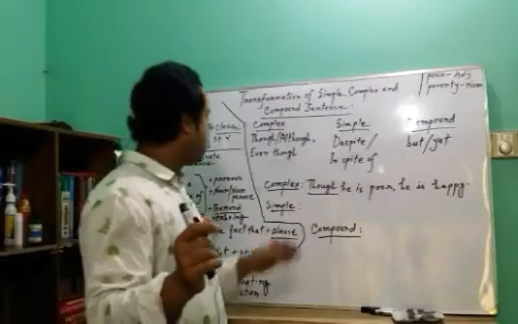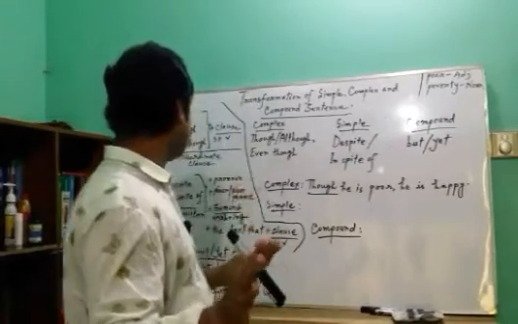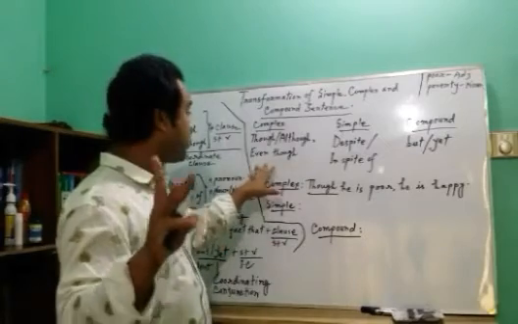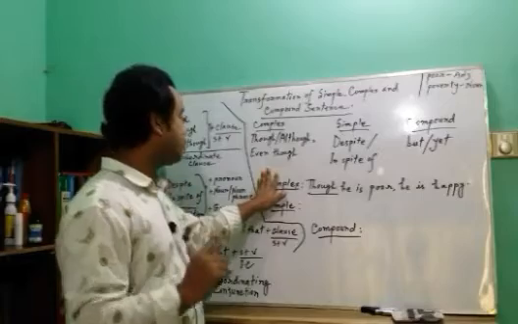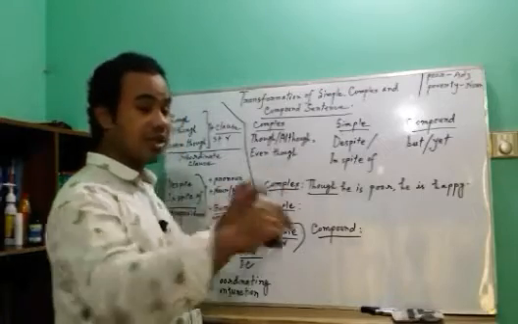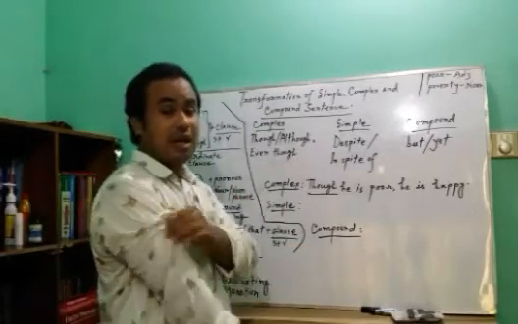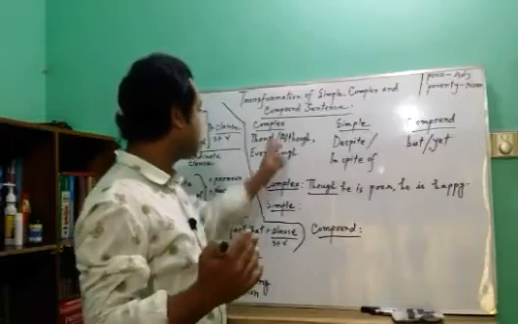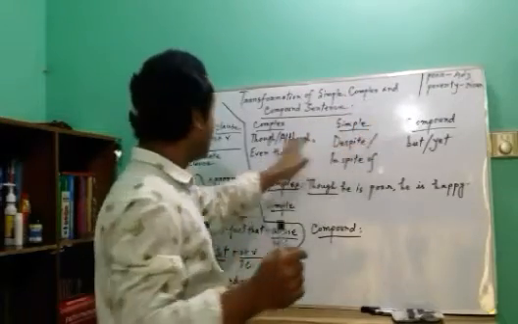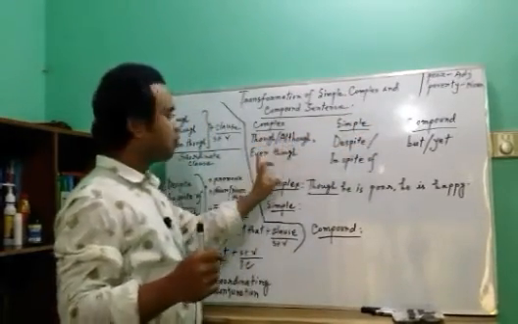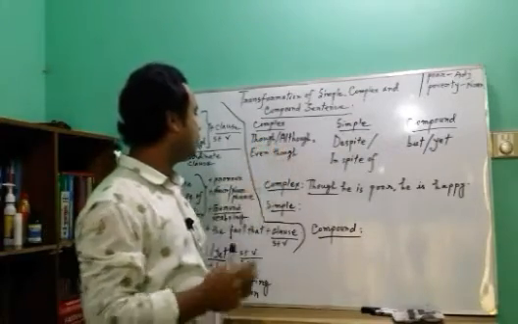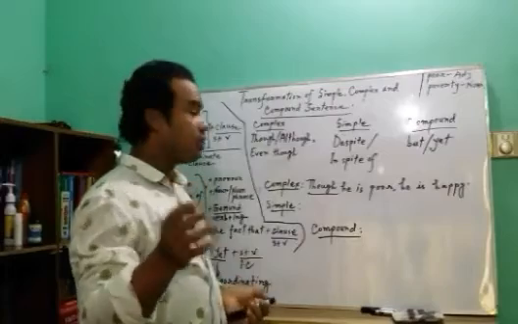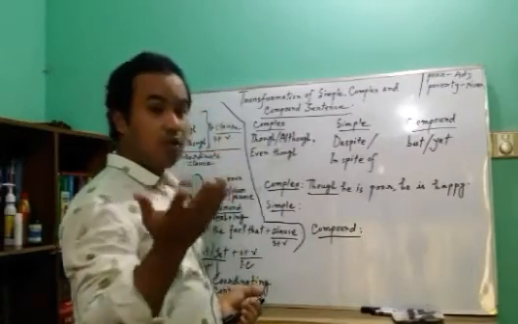Now in today's lesson, I'm going to show you three very important rules of transformation. The complex sentence I'm going to change into simple or compound contains though, although, or even though.